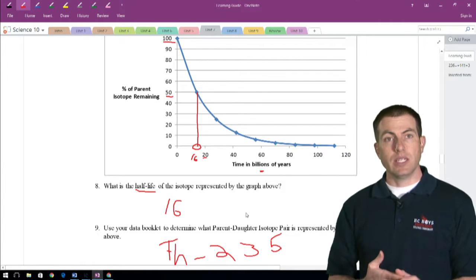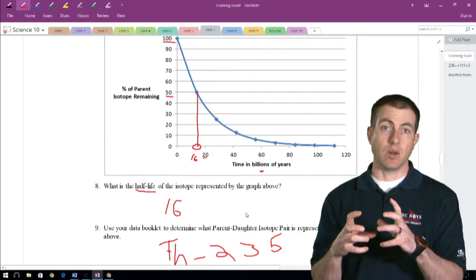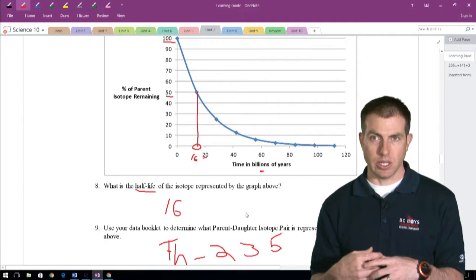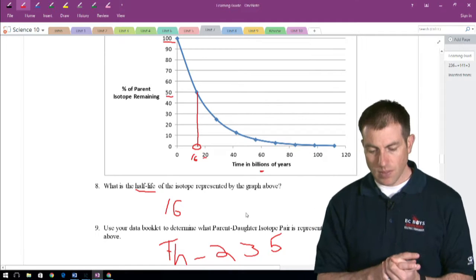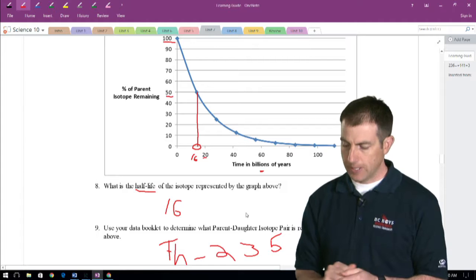So the reason I needed to do 8 was to figure out the half-life in years, and then once I found it in years, then I could go on to 9 and figure out which one was the closest to the one I found there.